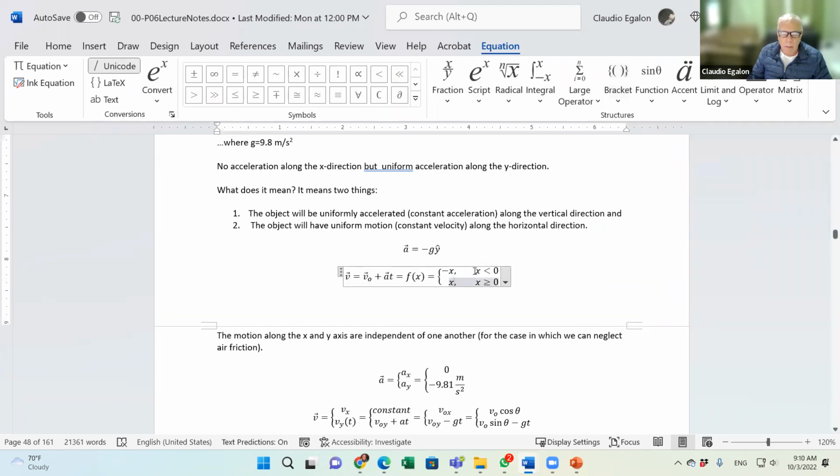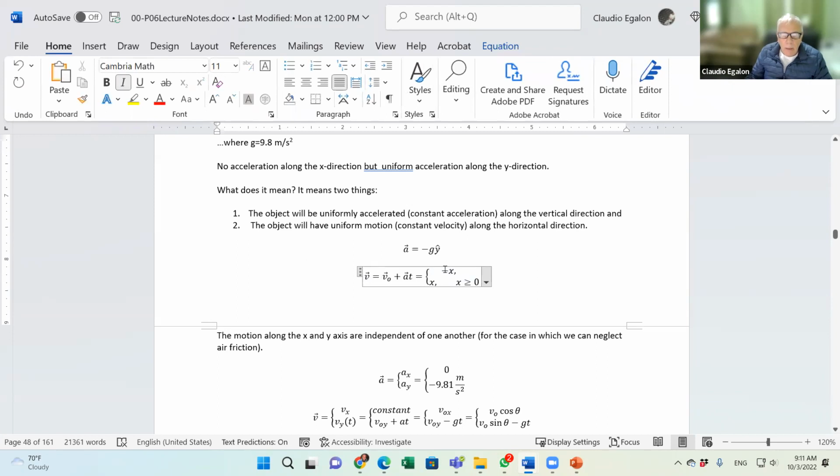You can rewrite that as Vx is going to be equal to V naught x, uniform motion, constant velocity, okay?